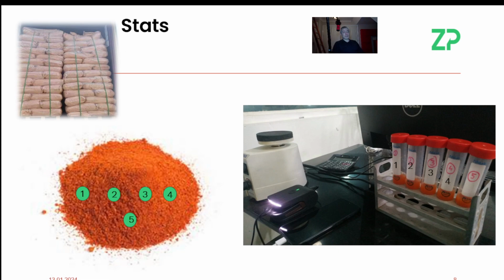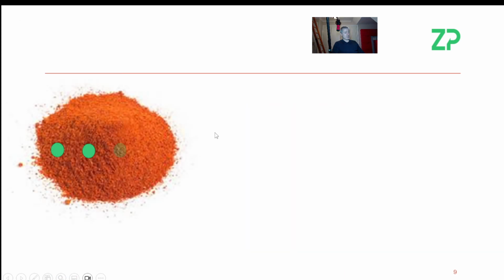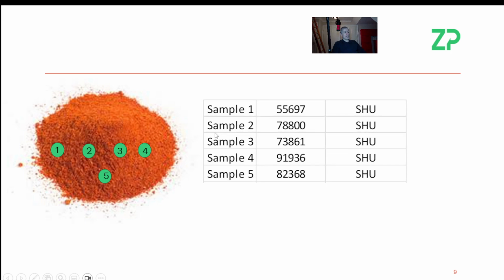I'm going to start using their results as a way of illustrating mean, standard deviation, relative standard deviation now. When they measured this particular powder, they ended up with 5 results. The first thing you should do when you look at these results, you think, wow, okay, sample 1 is 55,697.